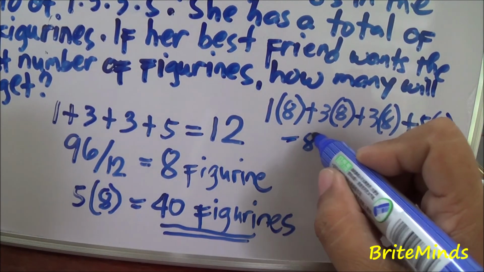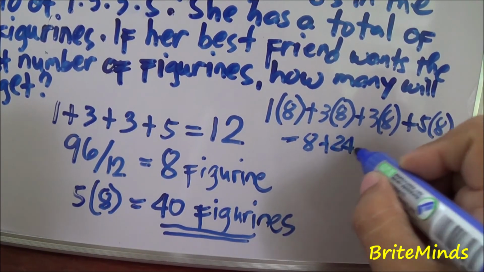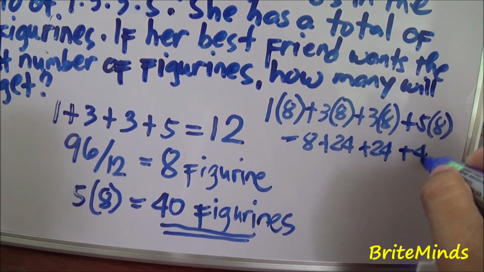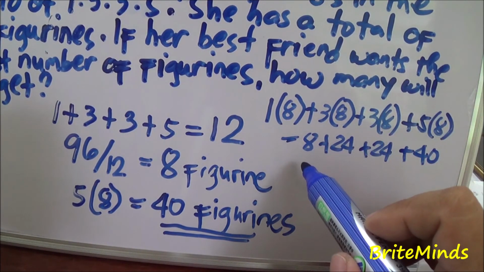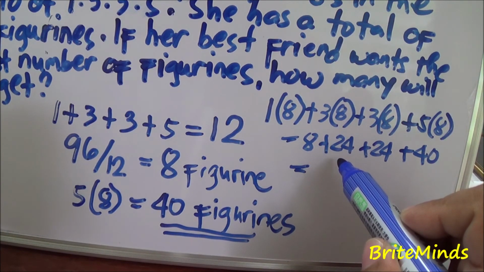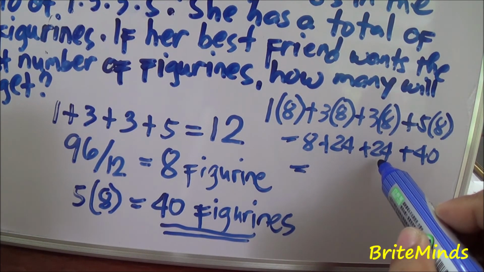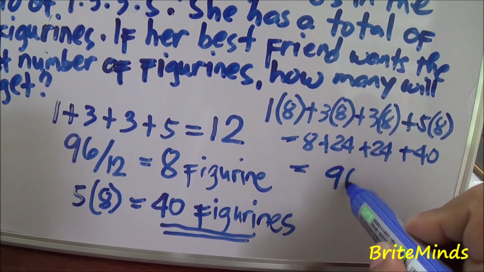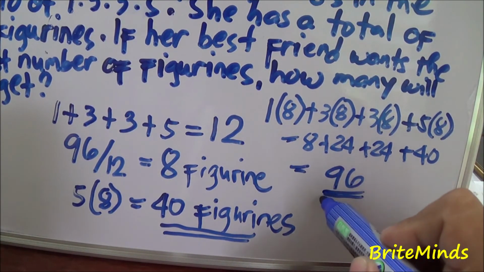So 8 plus 24 plus 24 plus 40. 8 plus 24 is 32, 32 plus 24 is 56, and 56 plus 40 is 96.